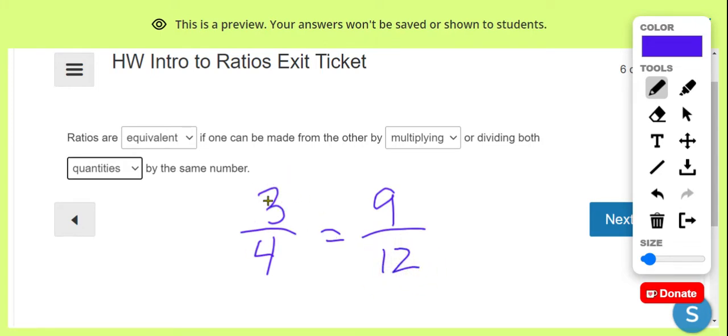So in one class, let's say you had three boys for every four girls. Well, if you had 9 boys, then you have 12 girls with the same ratio. They're going to be equivalent if you multiply by the same number, and you would have the quantities that would keep them the same.